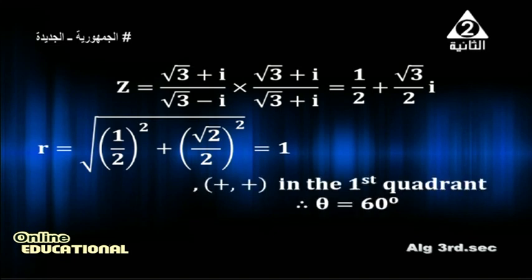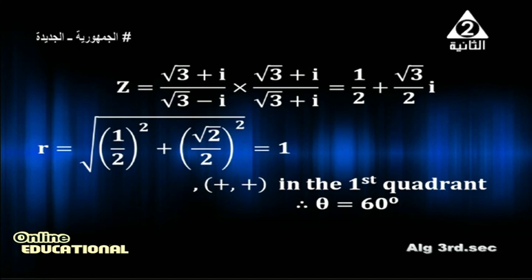This is R. The amplitude: the first positive, second positive, so it is in the first quadrant. This angle equals 60. Why? y over x equals root 3, shift tan of root 3 equals 60 degrees.